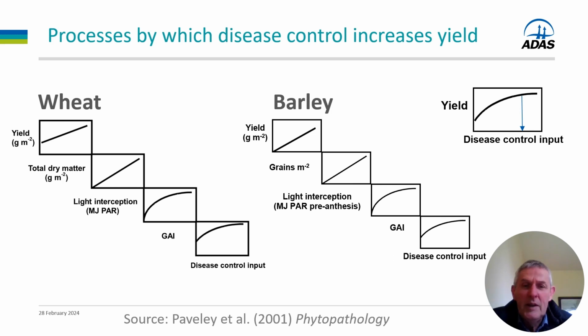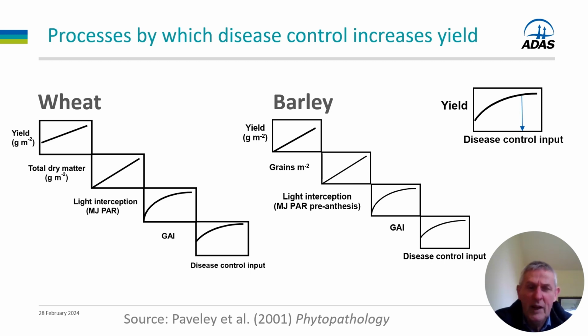And what we can see in the next chart up is that light interception pre-anthesis, before flowering, pretty much linearly determines the number of grains per metre squared that we get, and the number of grains per metre squared that we get pretty much determines the yield that we obtain. And this is because barley is predominantly limited by the sink capacity for storage of carbohydrate in grains.